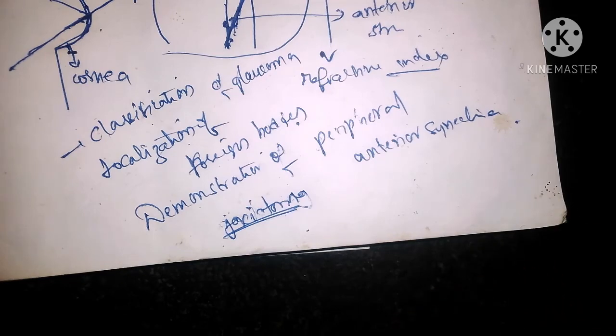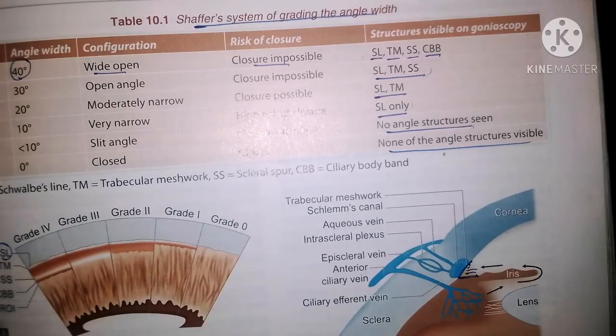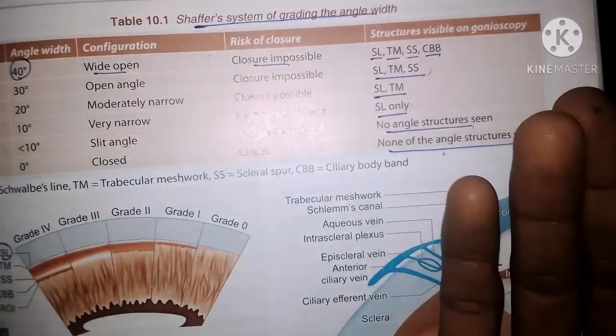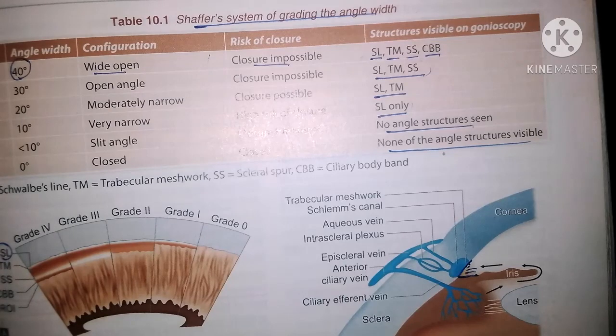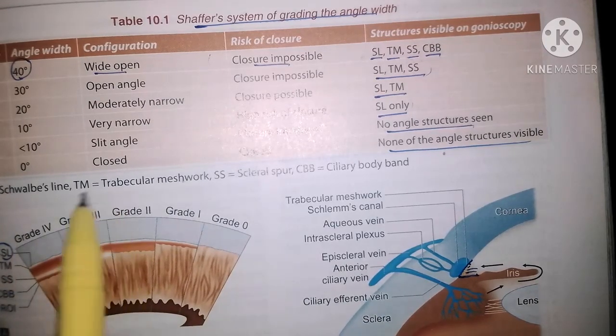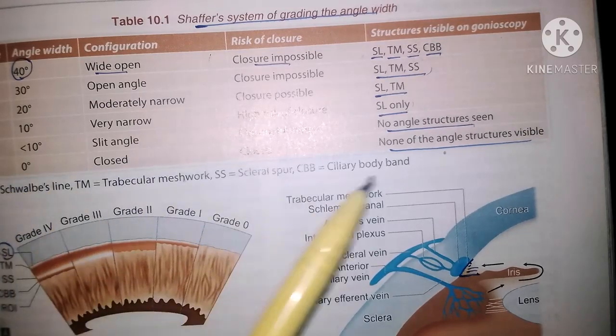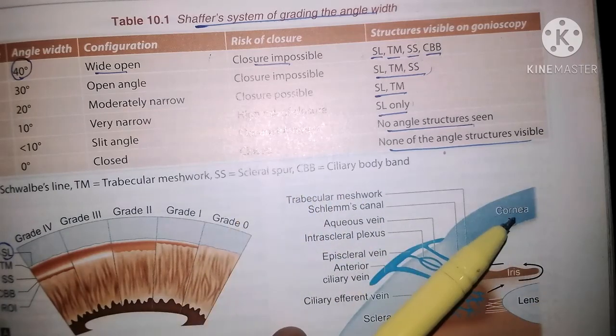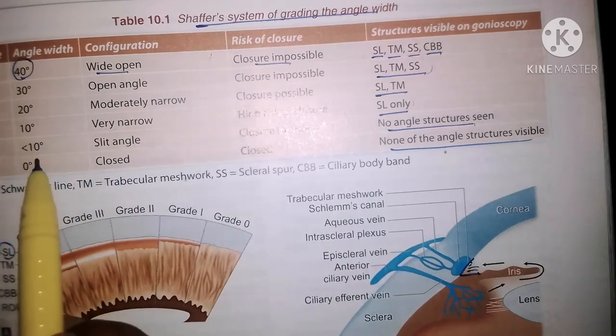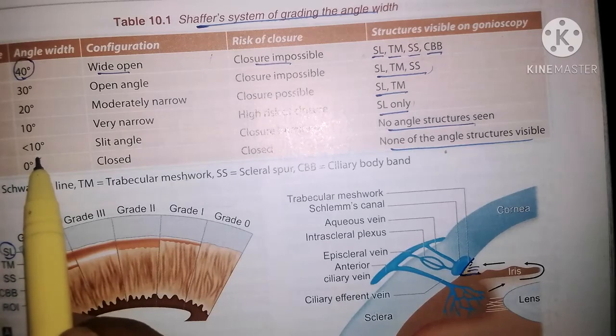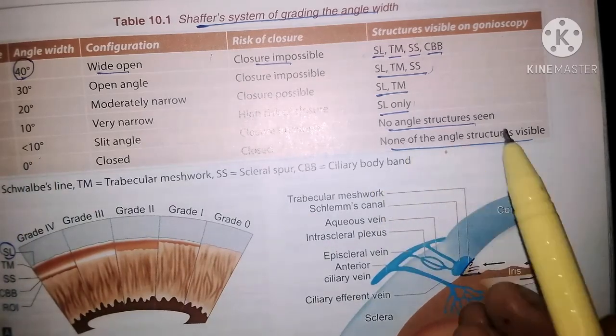Based on the appearance of these structures, we can grade the angle of the anterior chamber. We can grade the anterior chamber angle based on the structures we see in gonioscopy. So if the angle is 0, then we cannot see any structures in gonioscopy. If the angle is less than 10, then also we cannot see any structures.